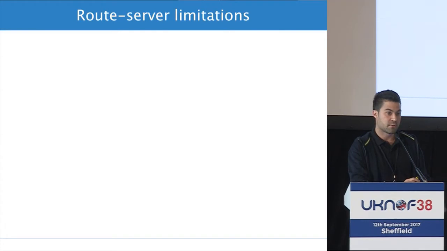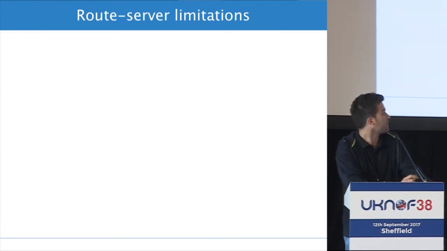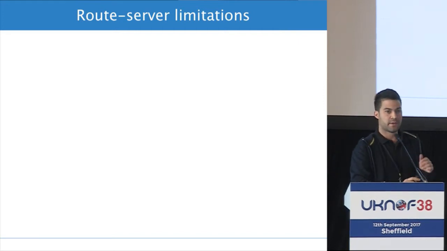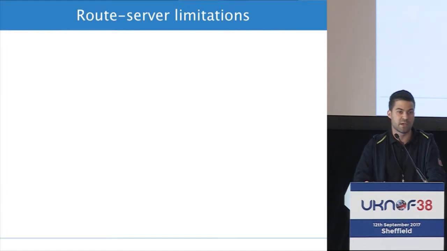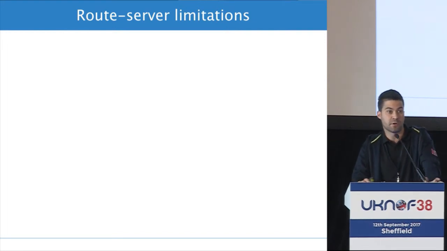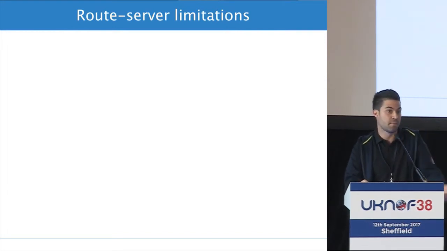Before we start talking about the core of BIRD-Stack, it's nice to take a step back and check the reasons why we did it. As you probably know, having a route server is a really common practice for implementing and managing peering networks, but unfortunately, at least for the time being, it comes with a few severe limitations that are not really encouraging people to enjoy route server projects.